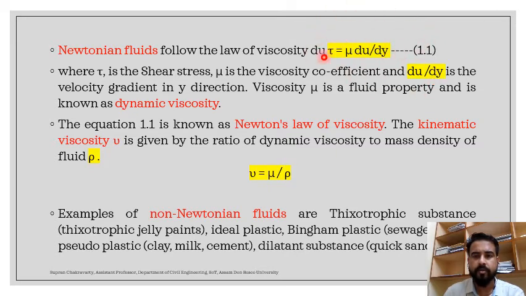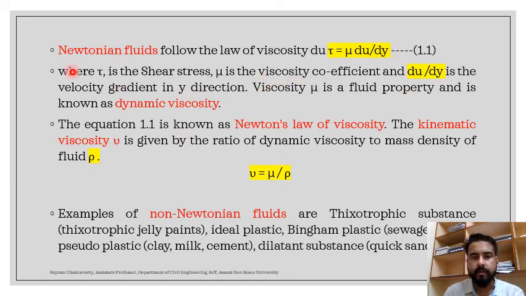This is the relation given by Newton. If a fluid obeys this law, then that fluid is known as Newtonian fluid. That means if a fluid has a shear stress and a viscosity, then the fluid is known as Newtonian fluid.